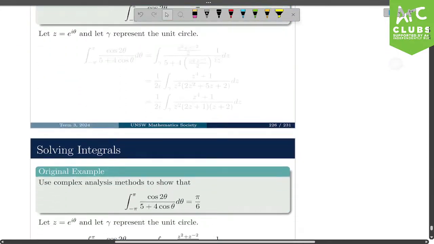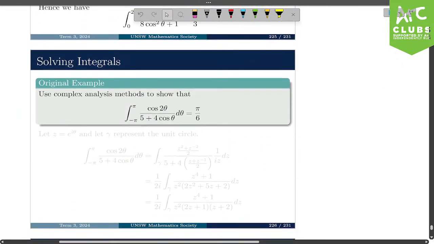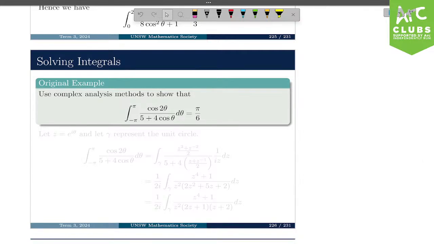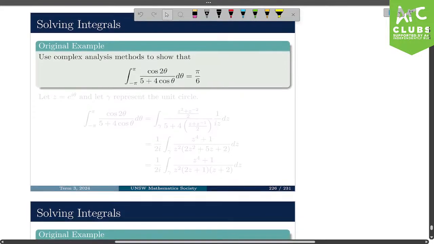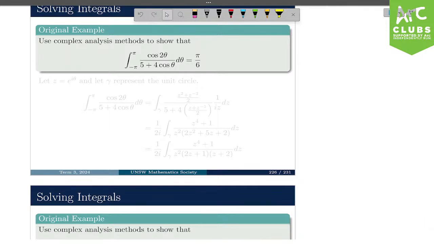Now we're going on to the solving integrals section. Here we have a very interesting function. Over here, we're going to consider a reparameterization. We're going to consider this as a parameterization of a complex integral.